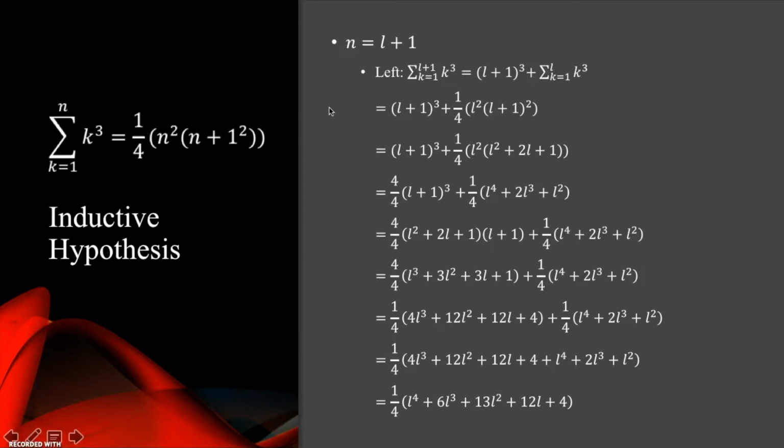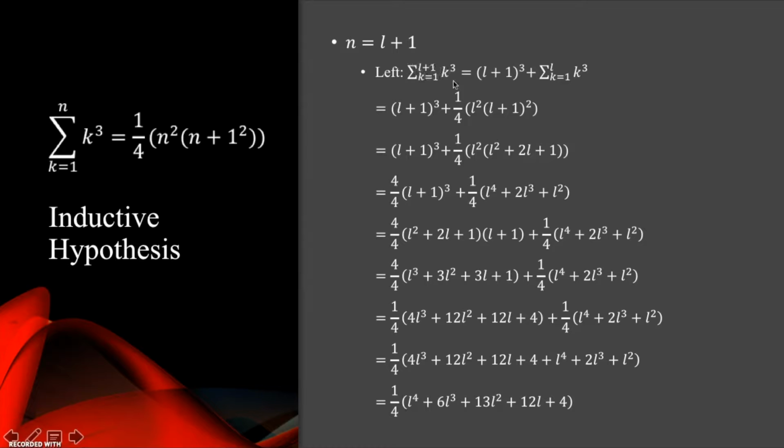So let's turn to the inductive hypothesis. In this case, we have to let the n be L plus 1. So on the left-hand side, we'll have this new summation. What I want to do is to split this new summation into two parts. If we want to split it, we have to take the very last number of the summation, which is L plus 1.